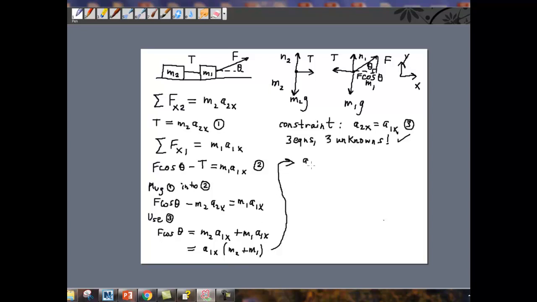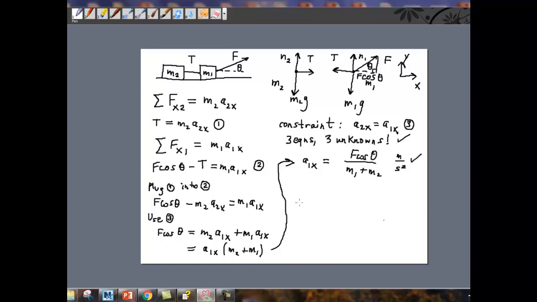So a1x, and of course it's the same as a2x, is F cos theta divided by m1 plus m2. It's got the right units. I can check that because force is in newtons, which is kilograms meters per second squared, divided by a mass, which is in kilograms. So this would have the right units. It would be meters per second squared. We can check that out.